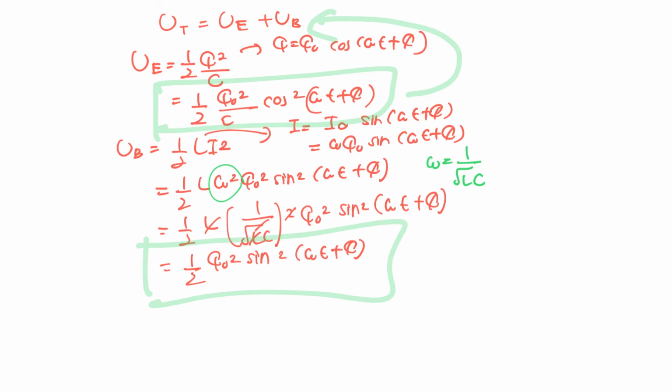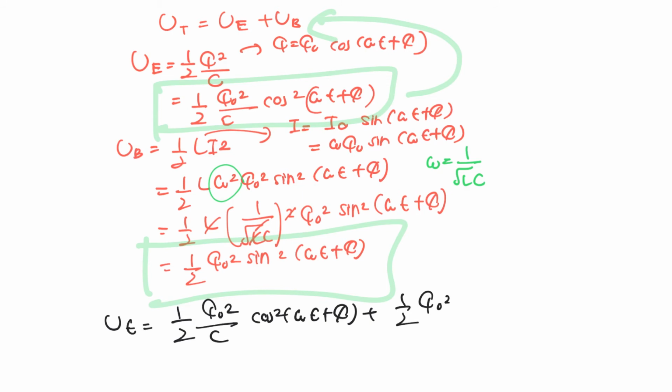So you are going to get U total equivalent to 1/2 q naught square over C cos square(omega t plus phi) plus 1/2 q naught square over C sine square(omega t plus phi).